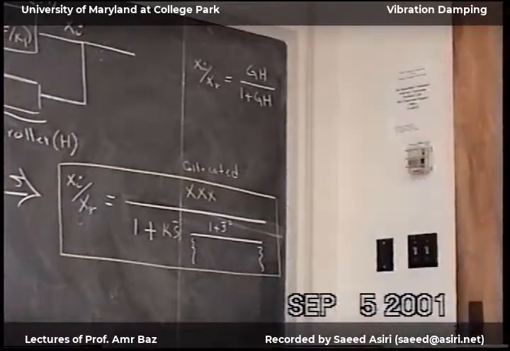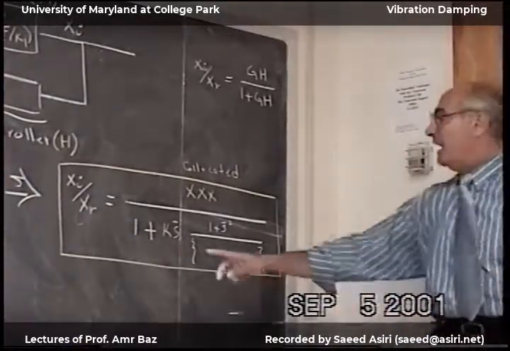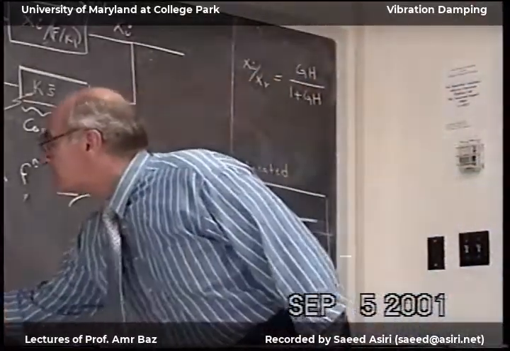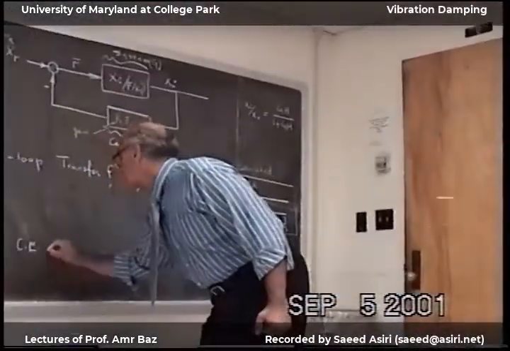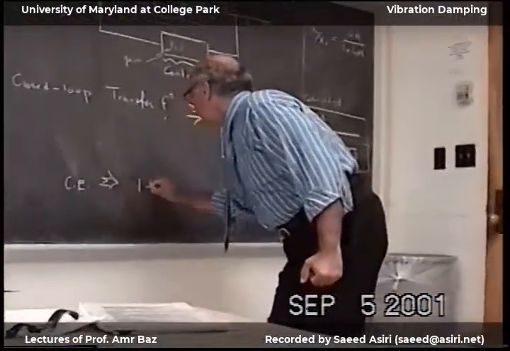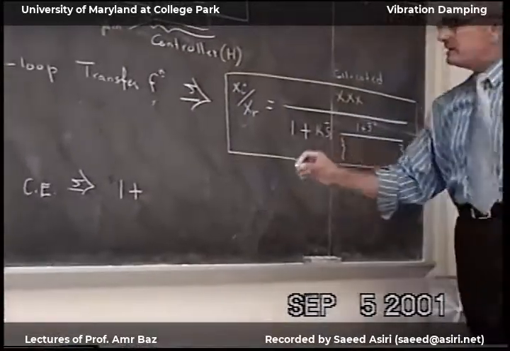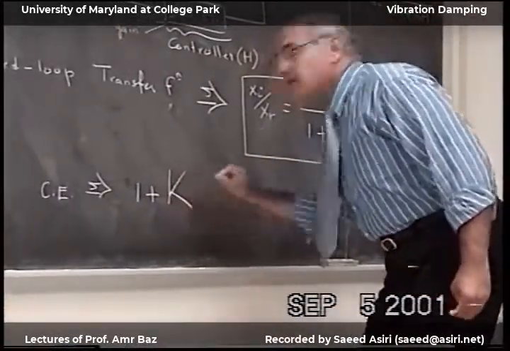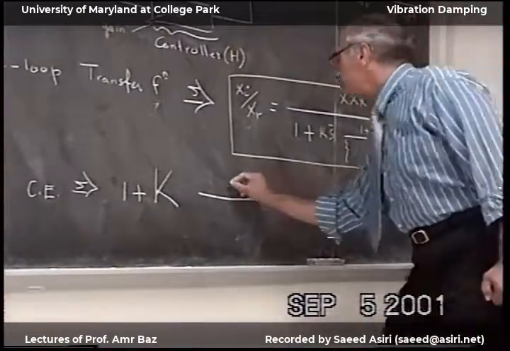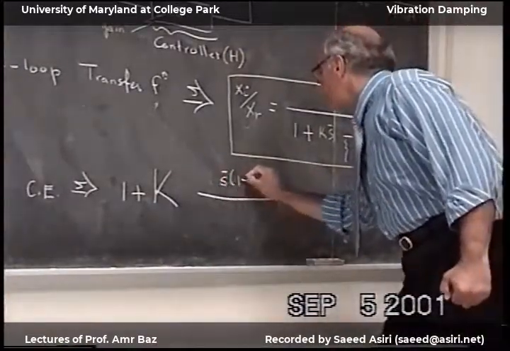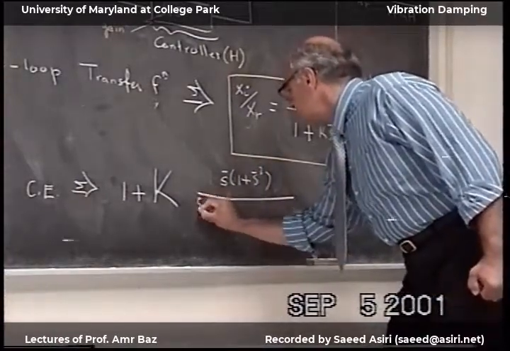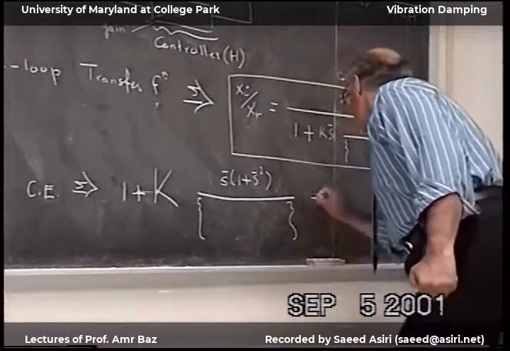Okay. So what we've done in the denominator, or the characteristic equation of the system, will look like this: 1 plus gain K, and then now we have ratio, and this ratio became S bar, 1 plus S bar squared divided by, is equal to 0.